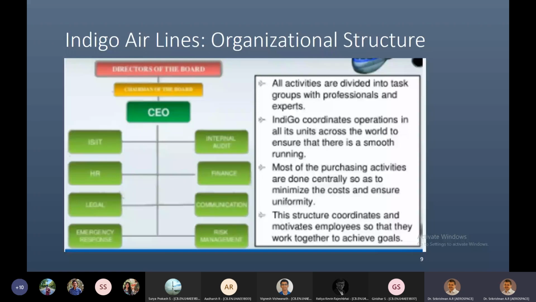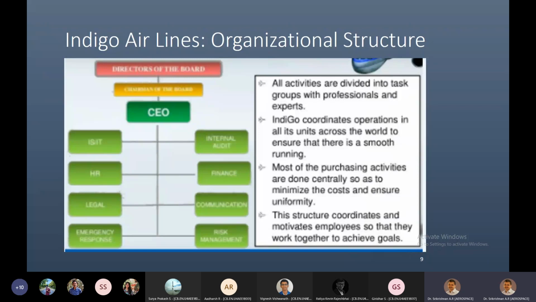All that you see here is that you have a board of directors, and you have a chairman, and the CEO reports to the chairman. The chairman of the company will be a member of the board of directors, and will be interfacing with the CEO and the board of directors.